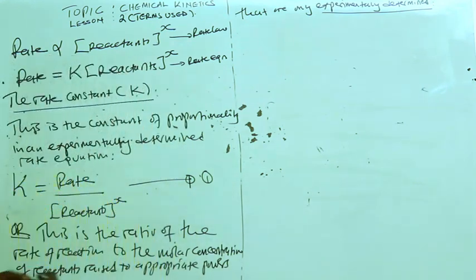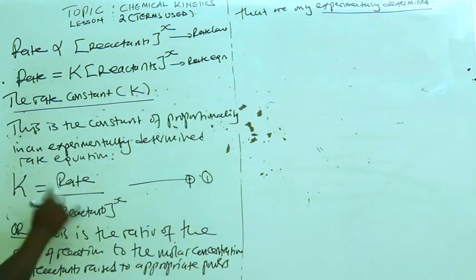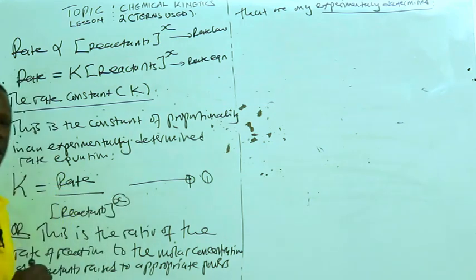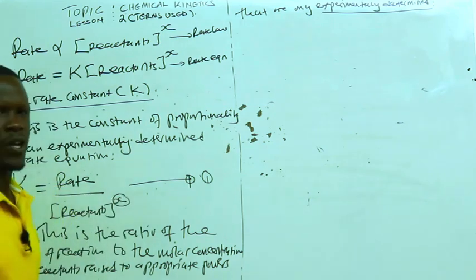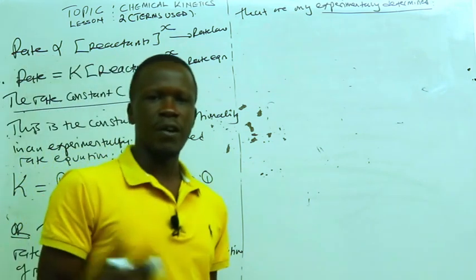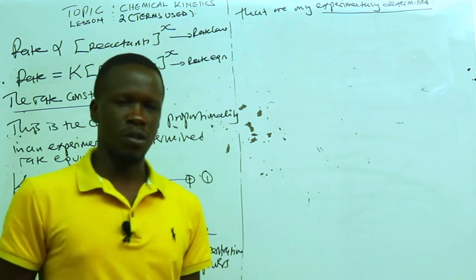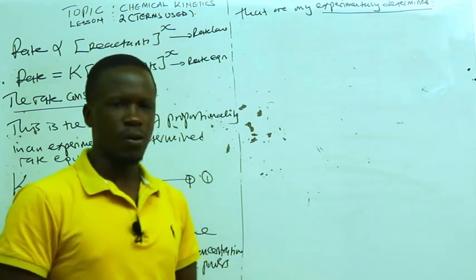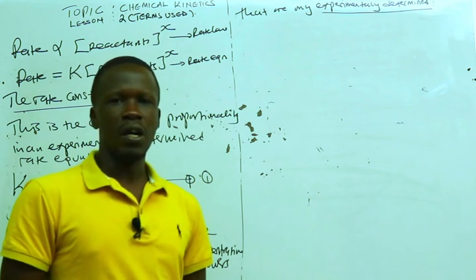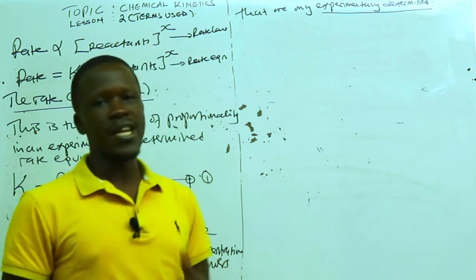Now, the value of x, what we call the order of reaction, will vary depending on the equation. Orders differ. It could be a fraction, it could be even 0, it could be any number.